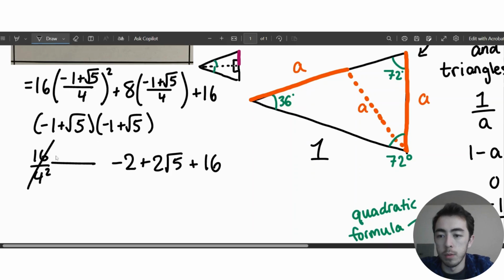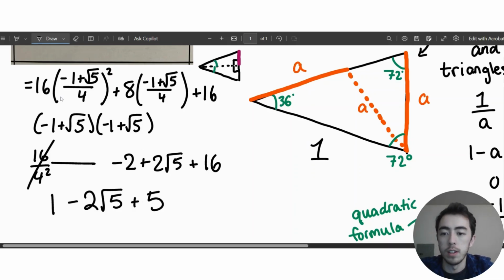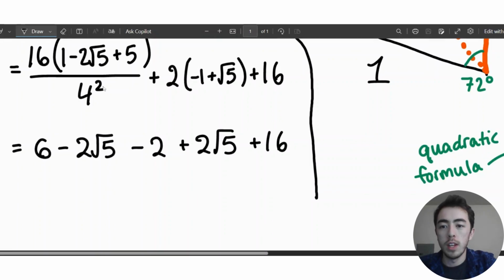The first 2 terms multiply to a 1. I'll put that here just for more space. The outside and inside terms are both negative root 5, so together they combine to a negative 2 root 5. And then finally, root 5 times root 5, just by the definition of square roots, will become a 5 together.